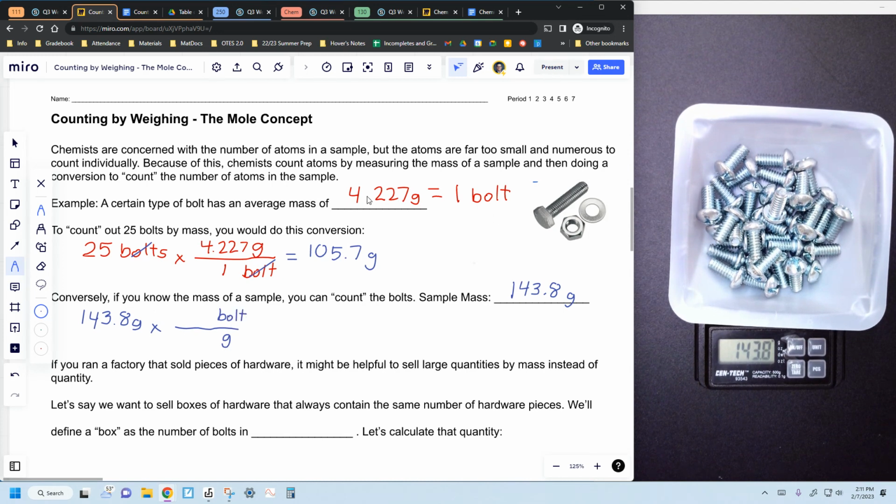And again, the equivalent statement was that 1 bolt is the same as 4.227 grams. Grams would cancel. And I think that makes sense, right? I'm going to take the total, divide by the mass of 1 to figure out how many I have.